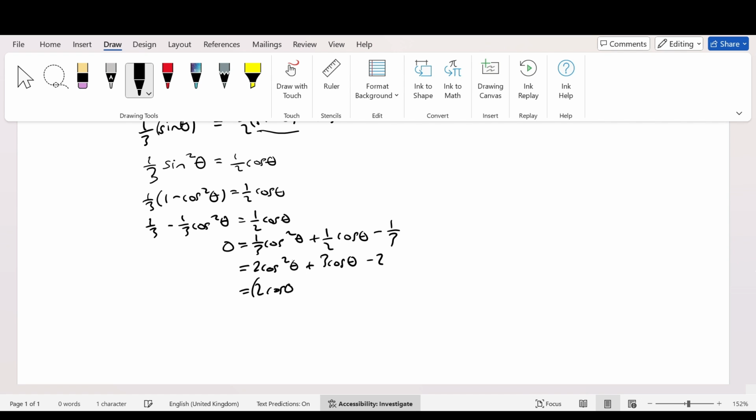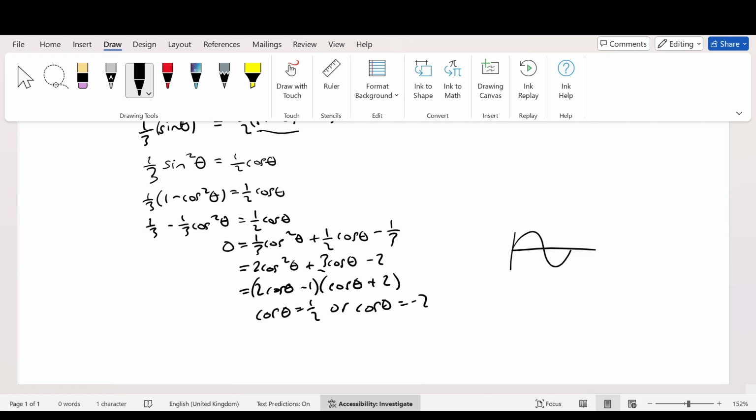Then in brackets we have 2 cos theta in this one and cos theta in this one, and we need to somehow make 3 in the middle, so we do plus 2 and minus 1, so we get cos theta is equal to a half, or cos theta is equal to negative 2.